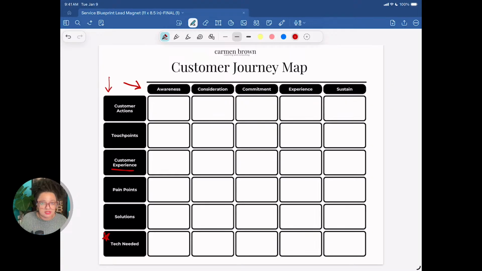Okay. So I want to start with this section right here. I want to start with customer experience. I want to think about my customers. I want to think about my clients. And at the awareness stage, what is it that I want them to feel? If you are not tapping into those feelings and tapping into those emotions, honey, you're missing out. I want you to start to think about the experience that you want your customers and your clients to have even before they have spent a dollar.